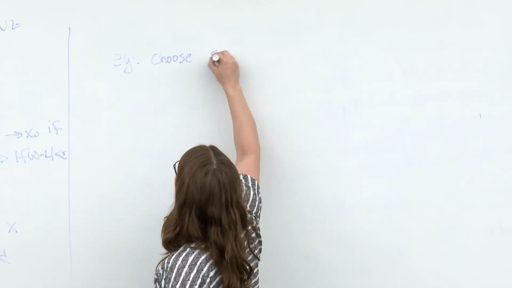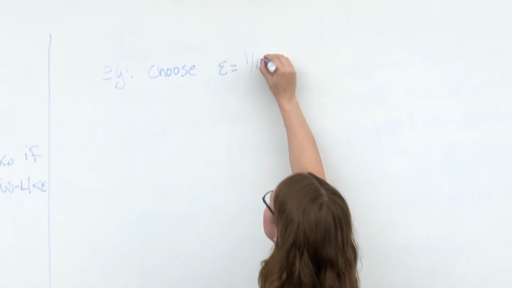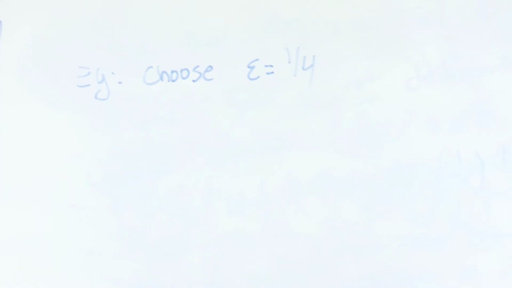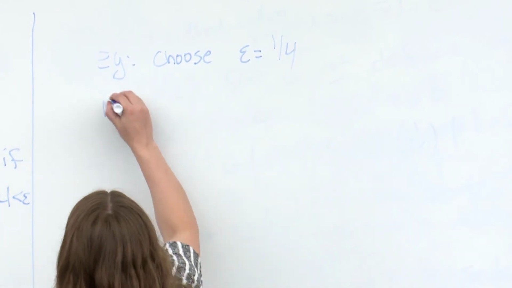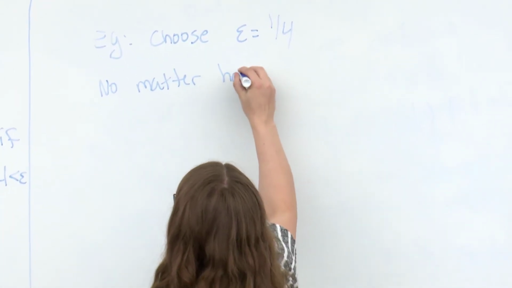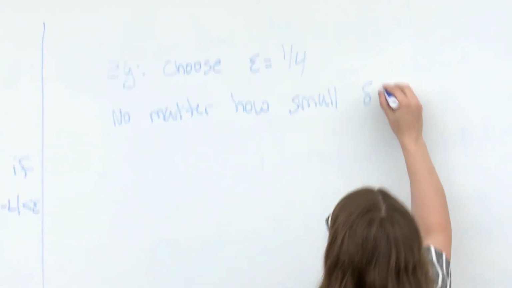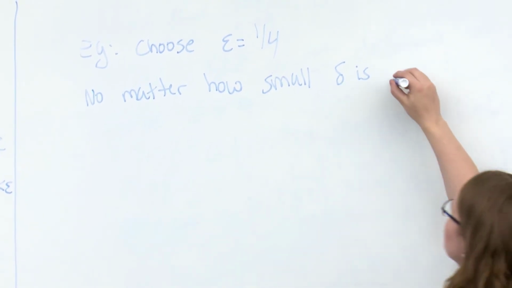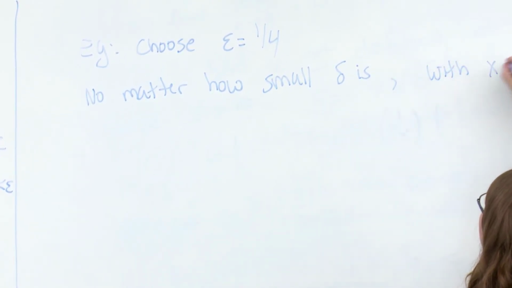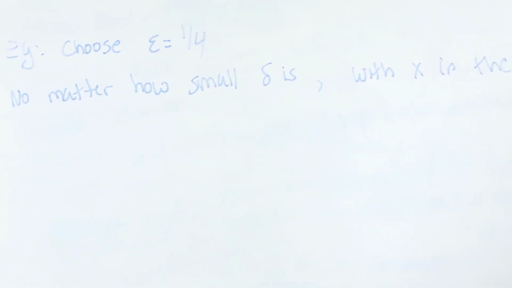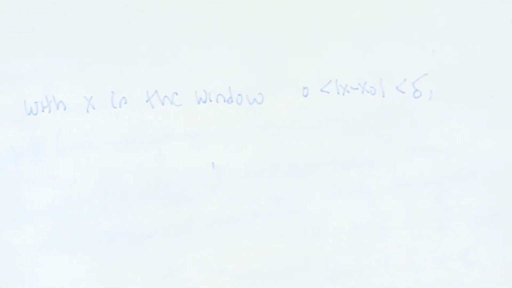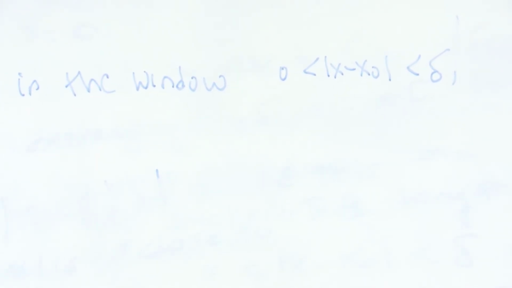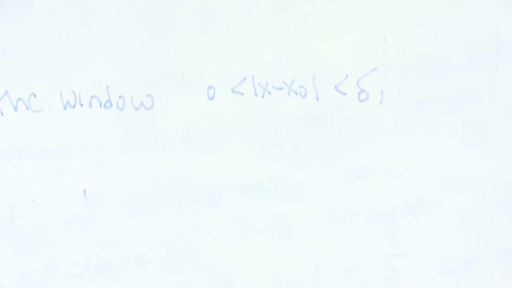So if we choose epsilon equal to a quarter, which should be a little bit safer, no matter how small delta is, with x in this window, in the teeny tiny little window, the function f of x is going to take on all the values between plus or minus 1.